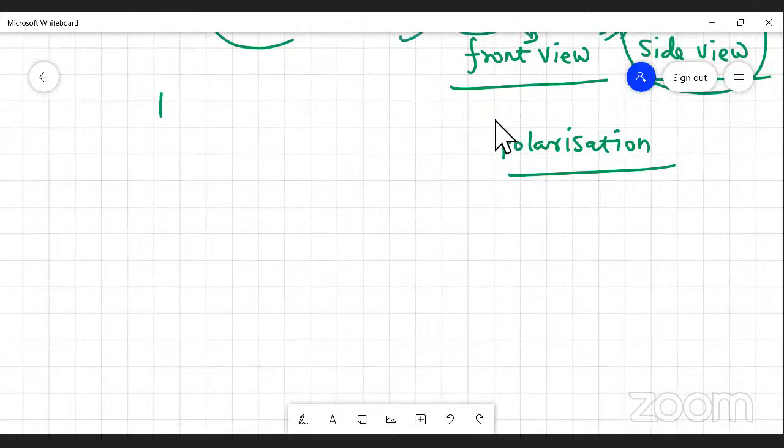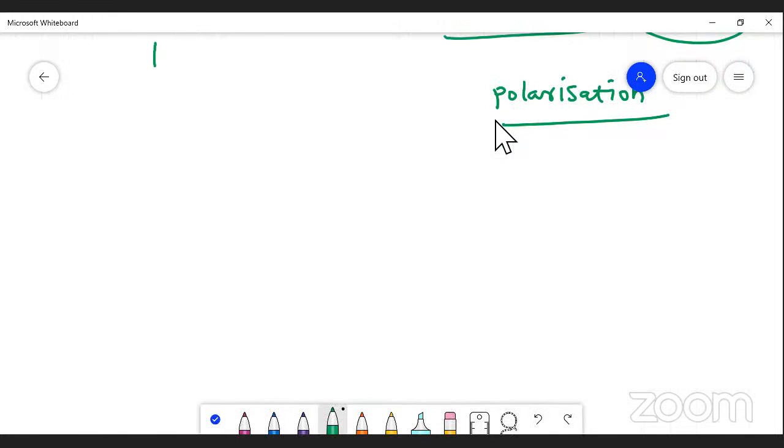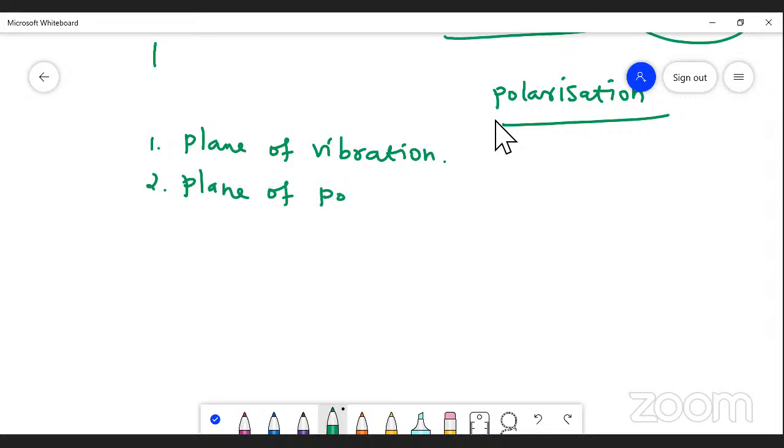Whenever we are dealing with polarization, it is necessary to know about the plane of vibration and the plane of polarization. The first is plane of vibration. The second one is plane of polarization. What is the plane of vibration and what is the plane of polarization?